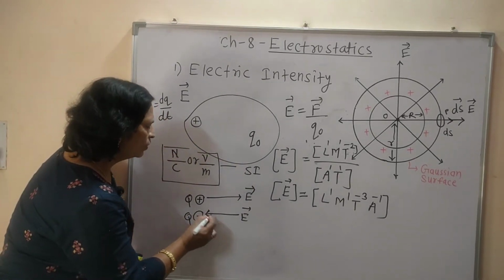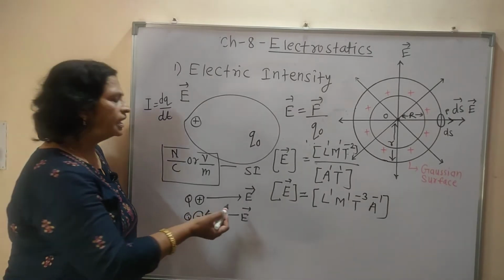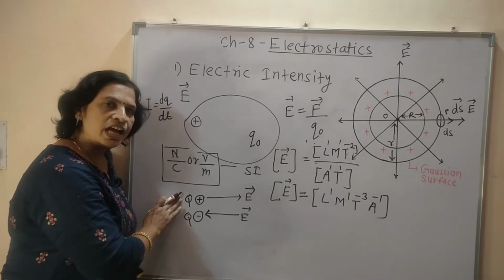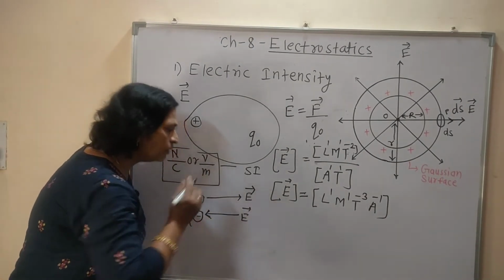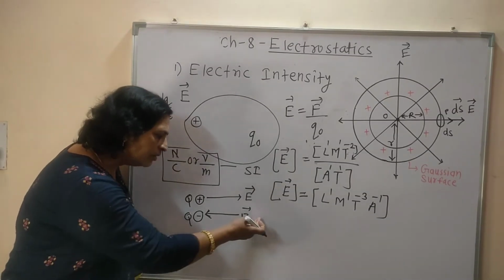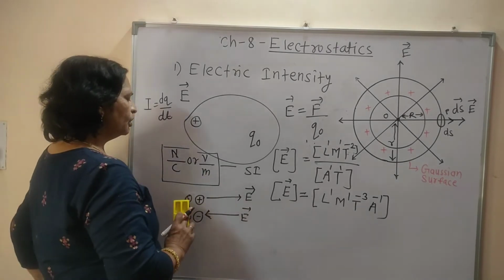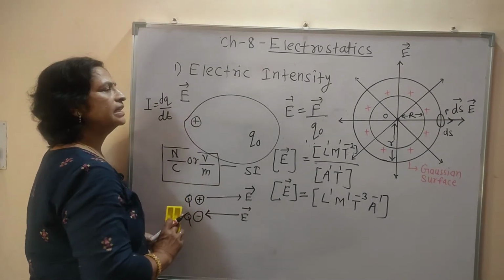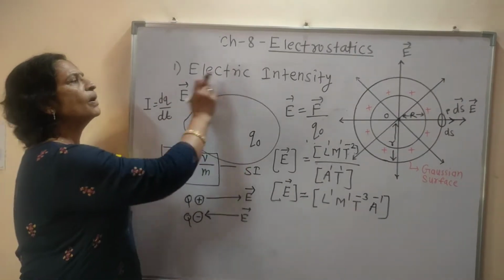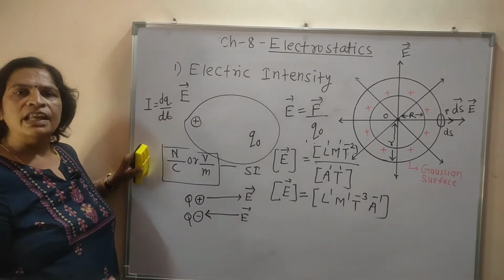These are the notations used for electric intensity. When charge is positive, it is in the outward direction. When charge is negative, it is in the inward direction. And this is all about the electric field intensity.